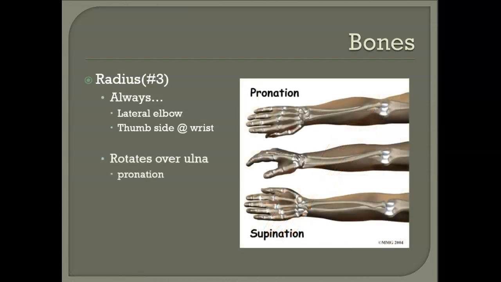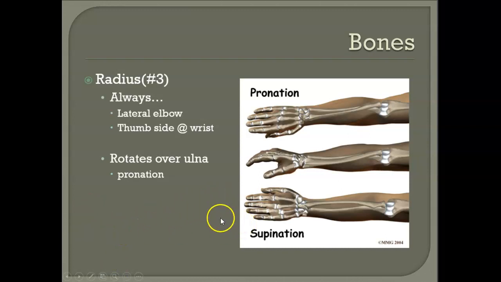That's not the only reason. The other reason is that because of the way the elbow moves, this pronation supination, you can see this part right here, this supination is kind of your anatomical position. This is where we have radius being on the lateral side and on the thumb side, ulna being on the medial side and on the pinky side. But when we put our palms down, you can see that it crosses over.